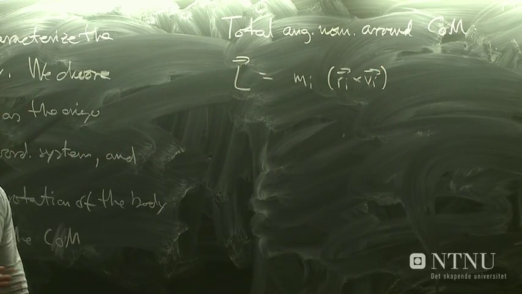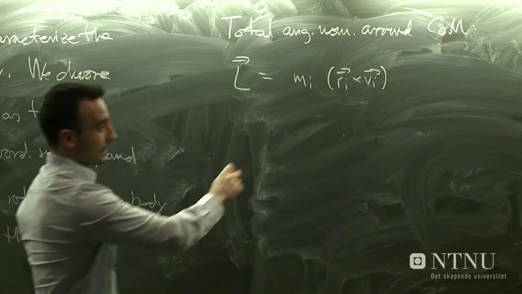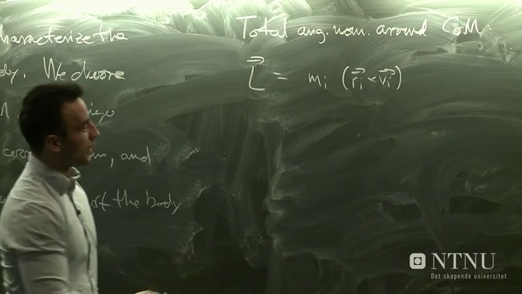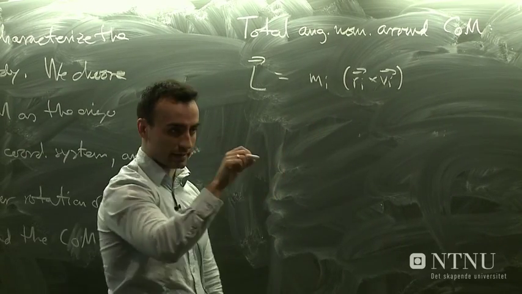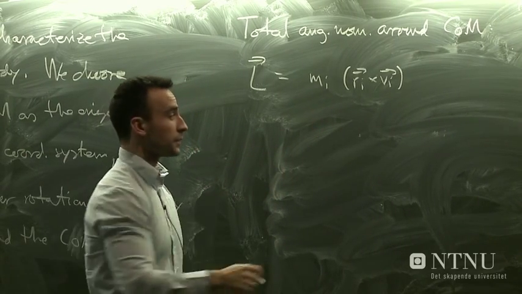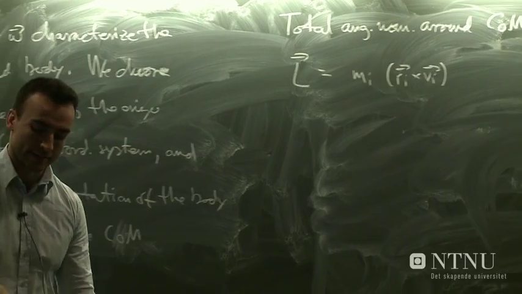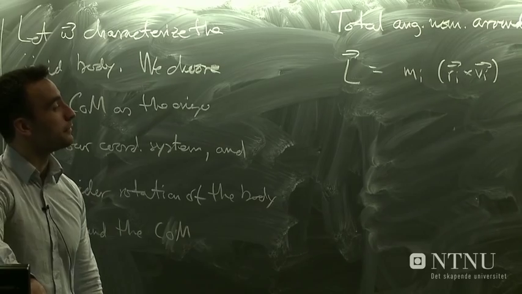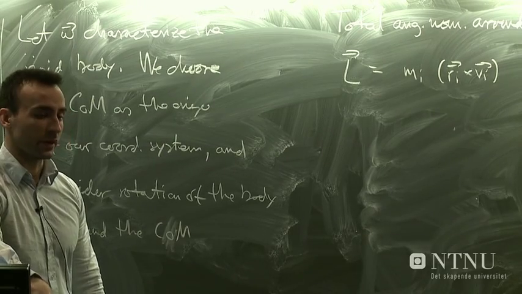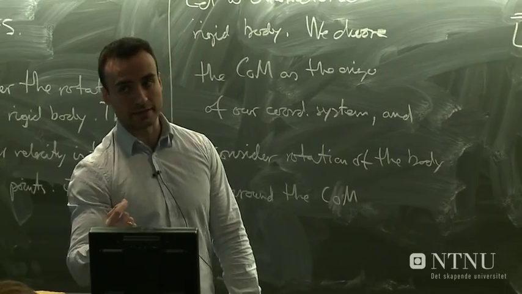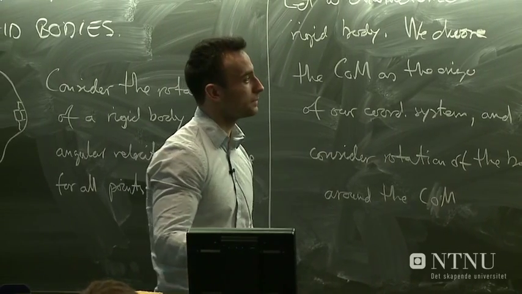So using the sum convention with the repeated indices, the angular momentum in total will look like this, where now m_i is the mass of each little section that we divide the body into, r_i is the relative distance from the center of mass to this point, and v_i is the velocity of this sub-region relative to the center of mass.